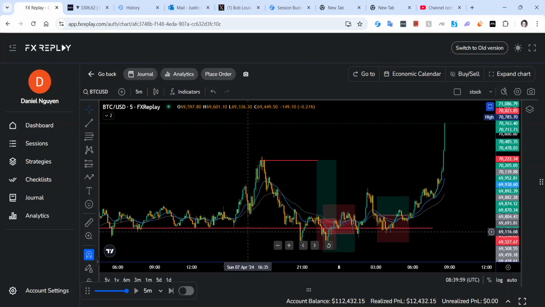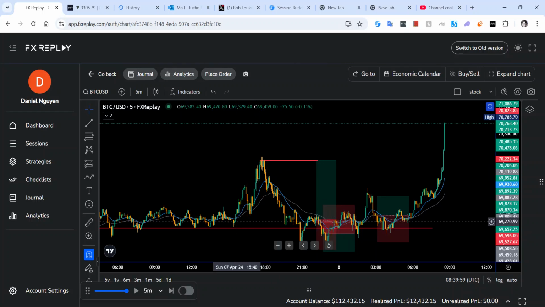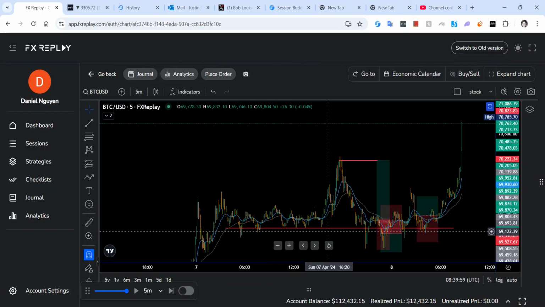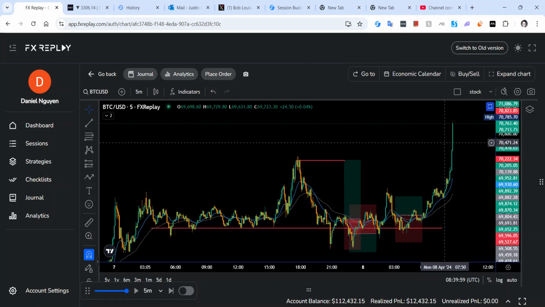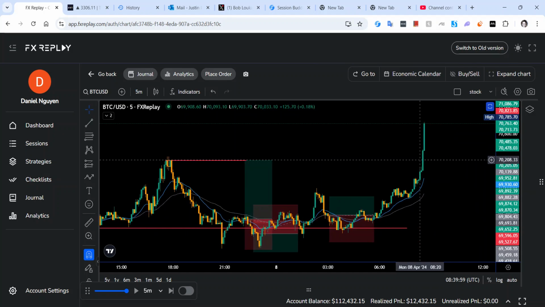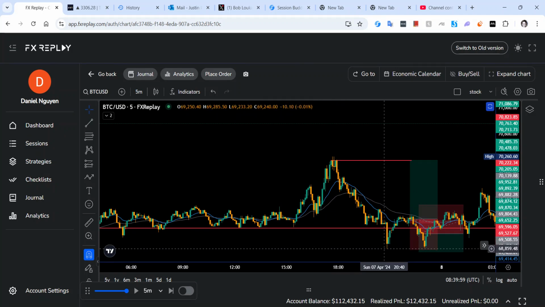And then it finally shoots up, taking more people's stops, and when it comes back down, seeing it recover strongly up here gave you an indication that you could catch this. That's also why I put my stop below this low. If I was greedy and put my stop any higher, I would have got exited.